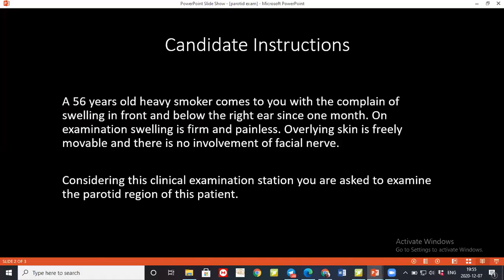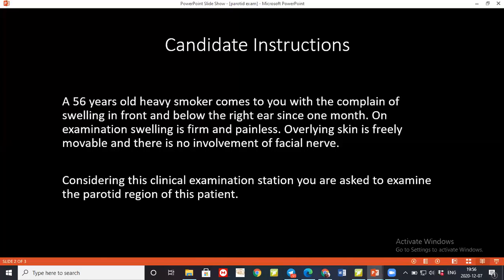Palpate the lymph nodes: anterior cervical, preauricular, postauricular, occipital and supraclavicular. Comment on auscultation, and then on the facial nerve examination, whether involved or not.